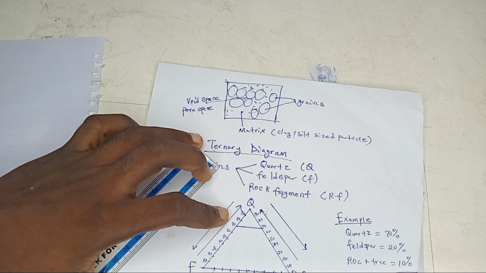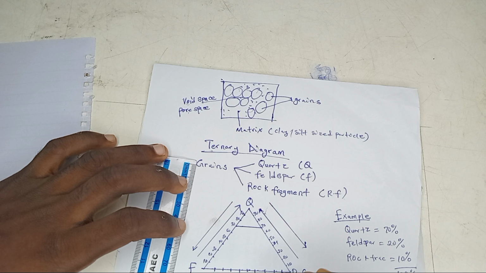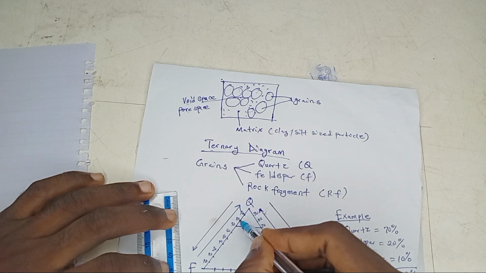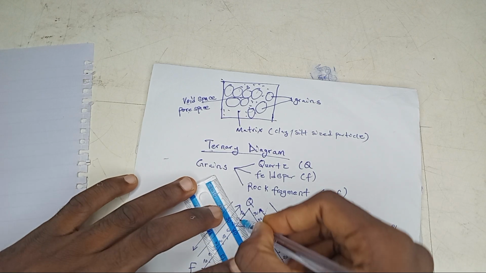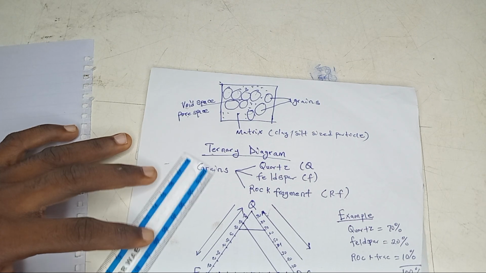Here that is 90 for rock fragment, so 10 here. We are counting 10, 20, 30, 40, 50, 60, 70, 80, 90, 100 for feldspar. So here is 10 for increasing feldspar, here will be 20. Then we have 20 also in this place for increasing feldspar. So we join it together. Can you see that?